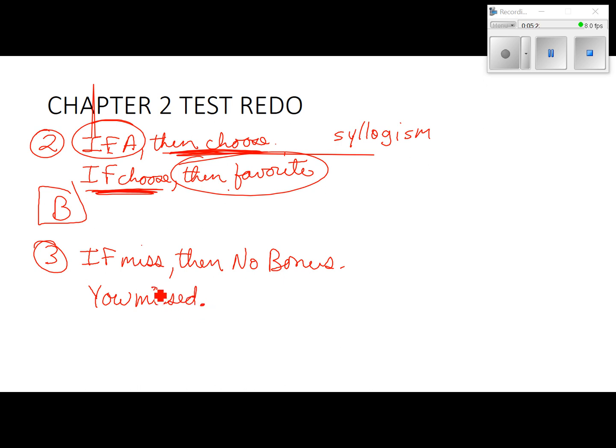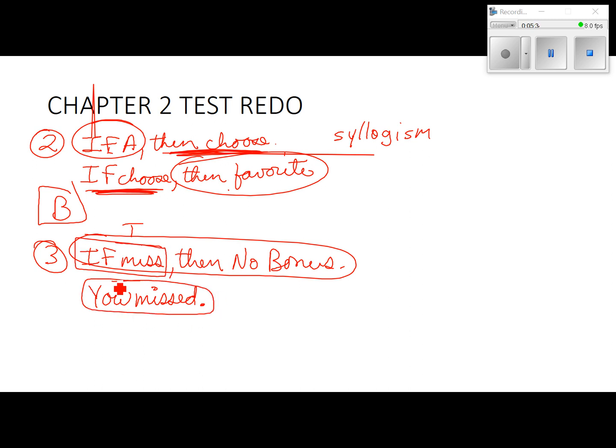Well, the law of detachment says if we are given this first statement and it's all true, and we separate the hypothesis all by itself and it's true all alone, which they're telling us, then we can separate the conclusion all by itself and it has to be true.